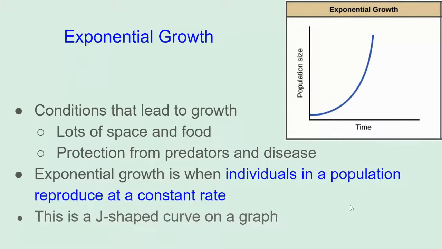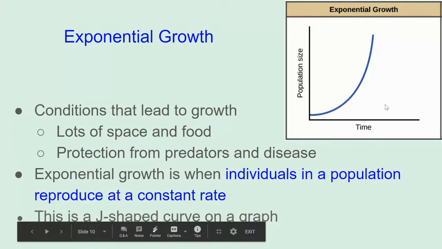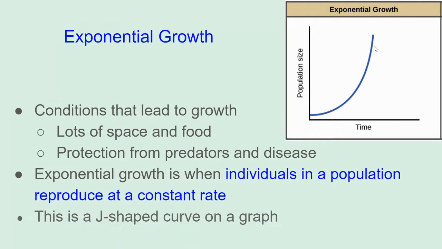Let's first talk about exponential growth. You can see exponential growth here on this graph. It is a kind of a J-shaped graph. And what that means is that individuals in a population are reproducing at a constant rate. So you go from having two rabbits, and they reproduce and maybe they produce four offspring.